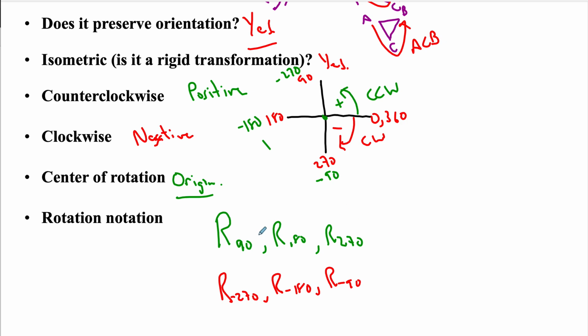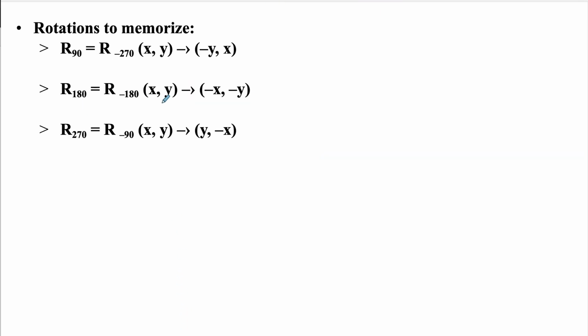What this means is, and you're going to be expected to know these different formulas, you only need to know 3 because there's corresponding clockwise and counterclockwise. Let's label that. So that's counterclockwise versus the clockwise rotations. So these are the ones to memorize.